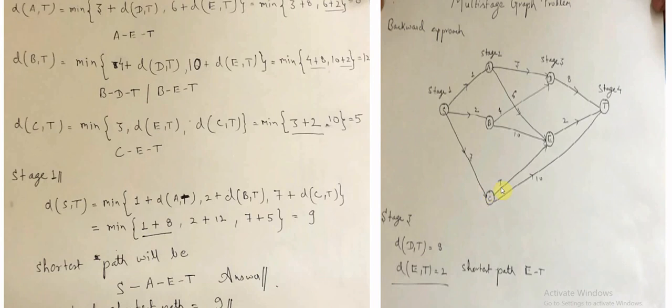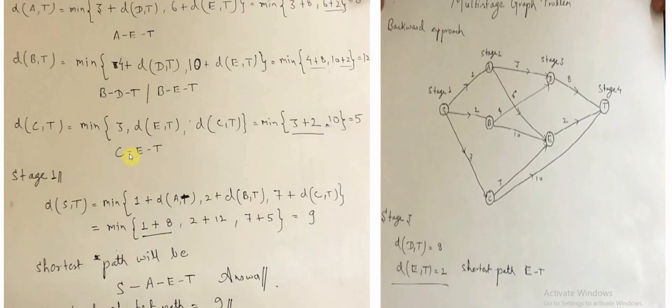Now C is the third vertex of stage 2, and from C there are two paths available in order to reach T, one via E and one directly to T. So we will be considering the minimum of the cost via E and CT. The value of CT is already 10, whereas via E the value is 5.